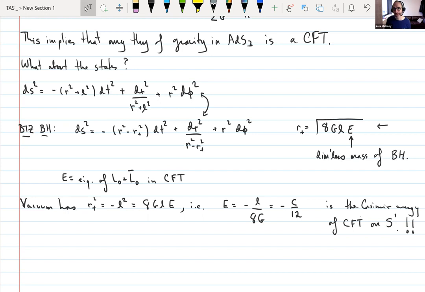That has no definition, except with respect to some asymptotic boundary condition. This is why it's so important when thinking about theories of gravity to be careful about your boundary conditions. Until you decide on what your boundary conditions are, I don't know what energy means because I don't know what time translation means. I can only mean it with respect to a certain set of asymptotic boundary conditions.